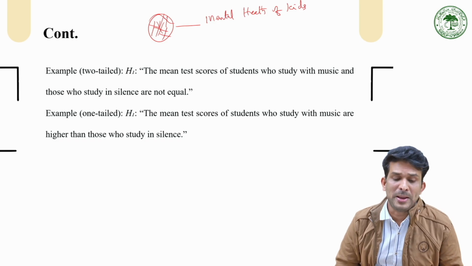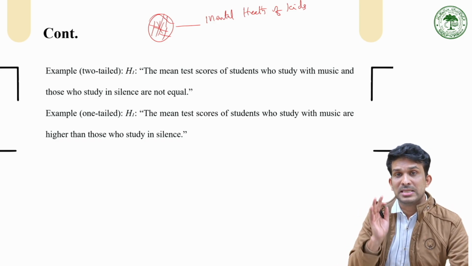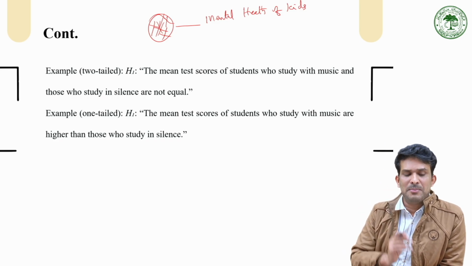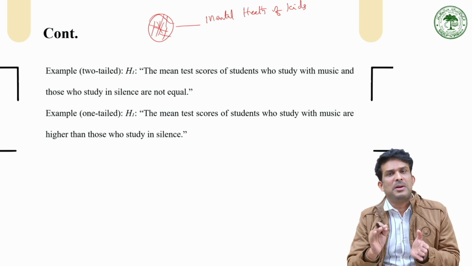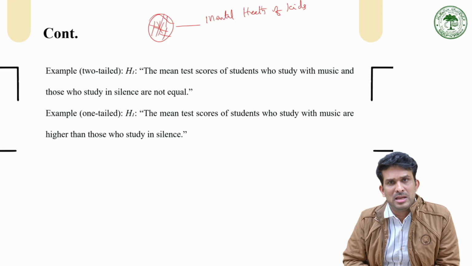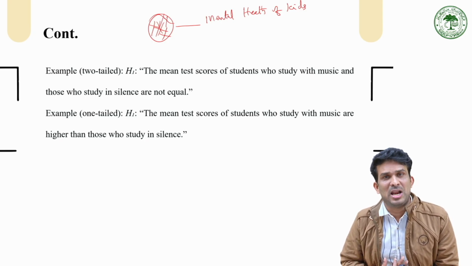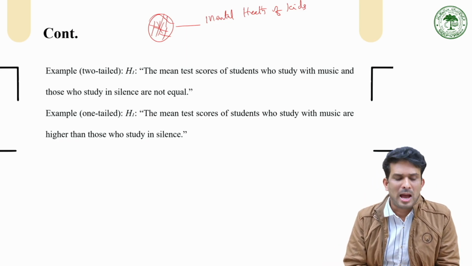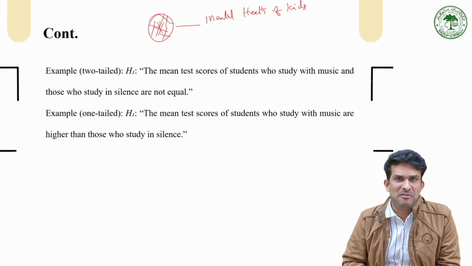If I am sure that this is effective, my test of statistics will be one-tailed, because I say that after my experimentation, students' mental health will increase drastically. I am confident about it. So I am writing a directional hypothesis. When my major hypothesis is directional, I have to go for a one-tail test of significance always.